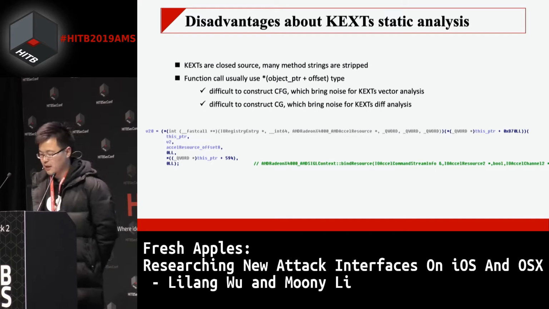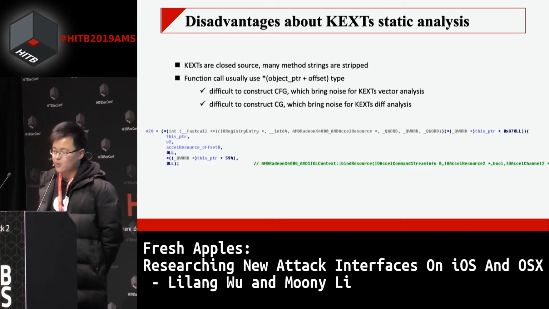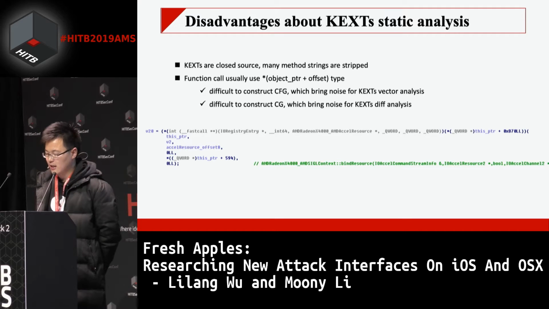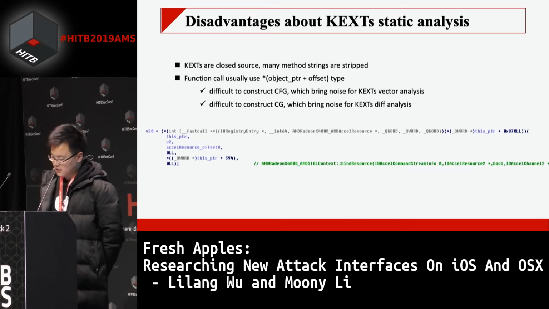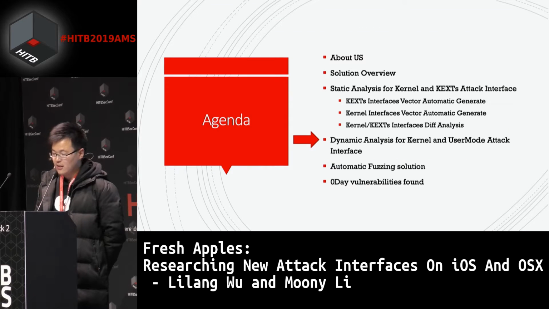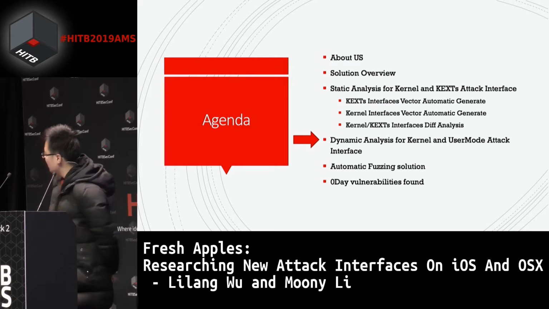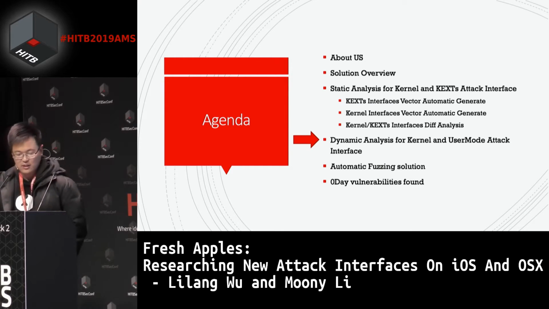Therefore, there will be multiple functions we cannot analyze, so we should use dynamic analysis to make up for this part. Next, we will let Moony introduce the dynamic analysis.